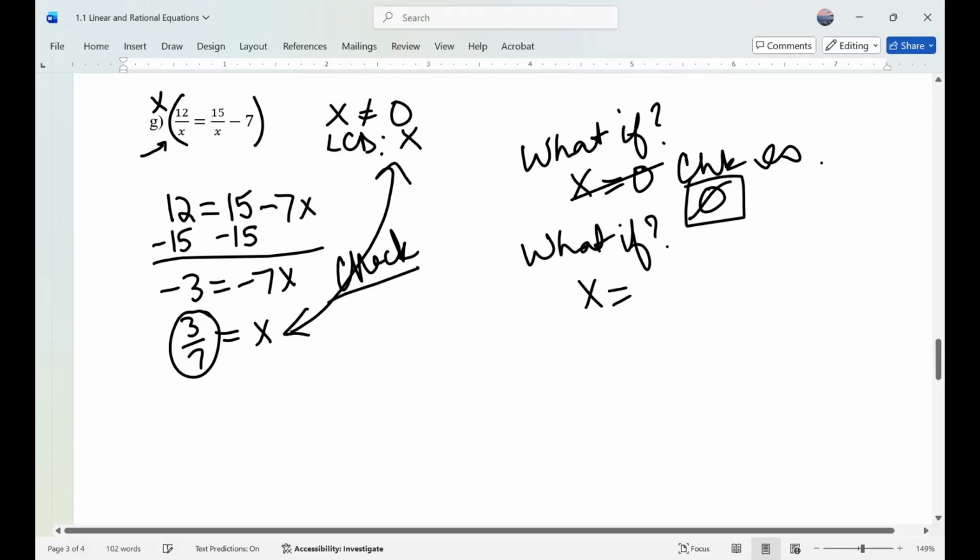What if x was 0 and 3/7? Well, again, we check with our extraneous. The 0 would not work, and so our answer would just end up being 3/7. So there are three scenarios, but on every scenario, you've got to go back and check with your extraneous, however you list it, whether you list it as x cannot equal or whether you say ES. To me, x cannot equal is actually better than listing ES because then you can see, oh, I can't have that.